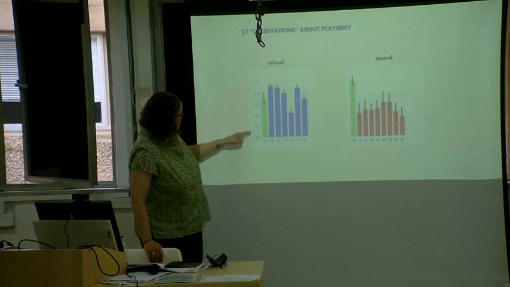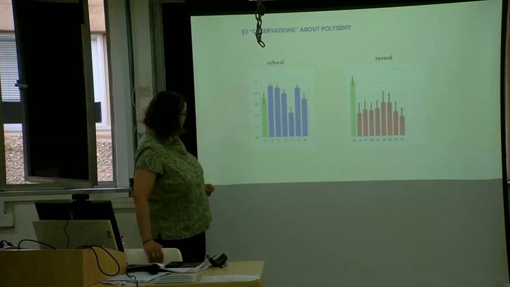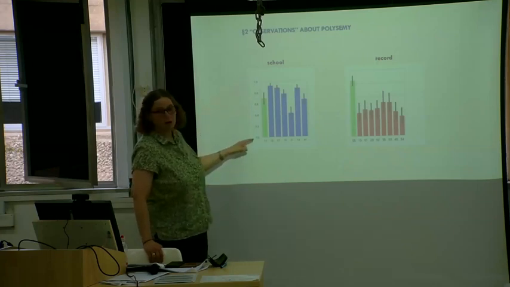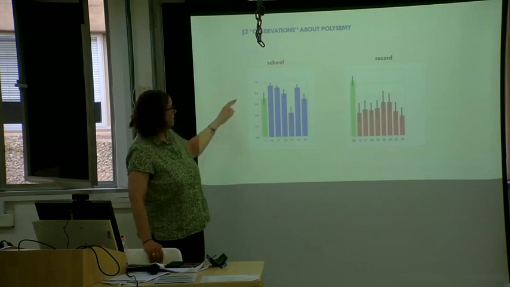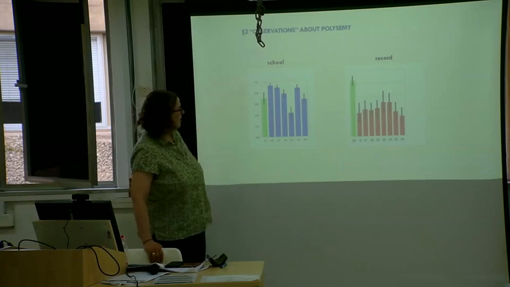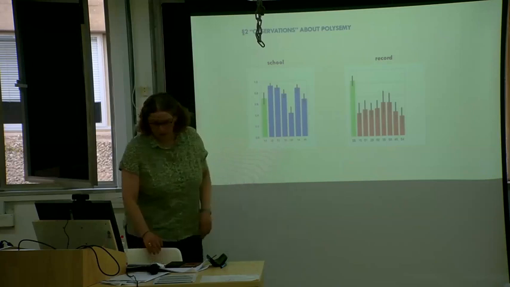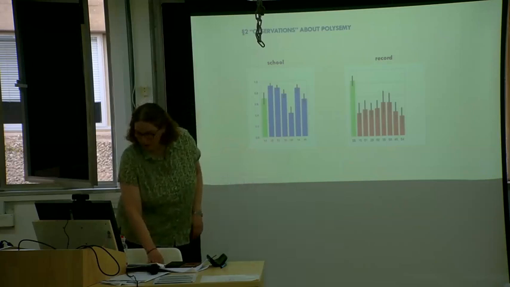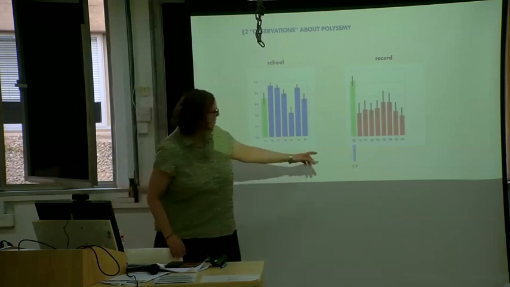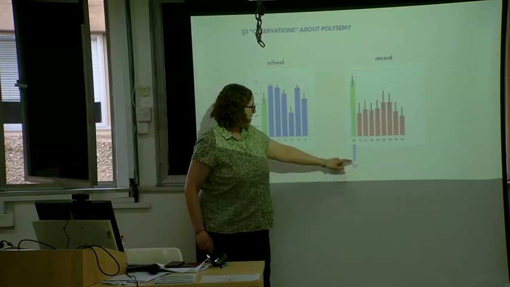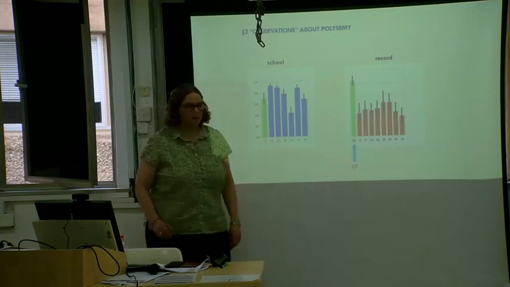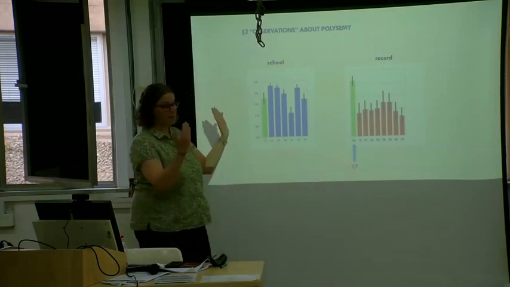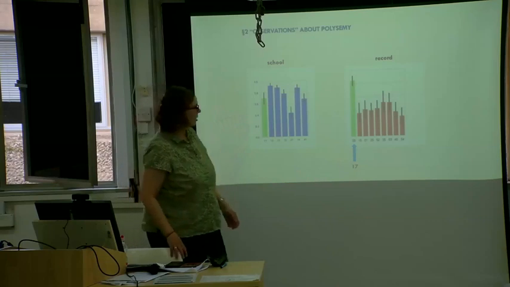So these numbers on the left indicate the acceptability rating. 0 indicates completely unacceptable, and 1 indicates completely acceptable. Don't worry too much about these numbers at the bottom, but here's what you need to know. This column here corresponds to the acceptability rating for 17, where we had the same sense of record in both conjuncts.